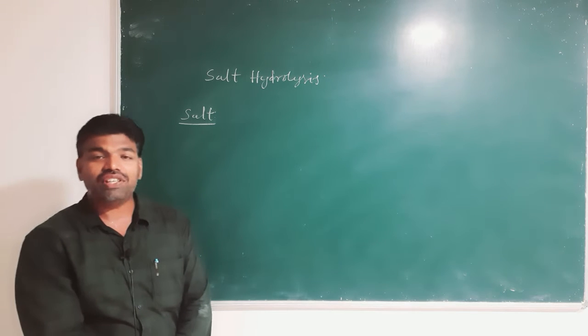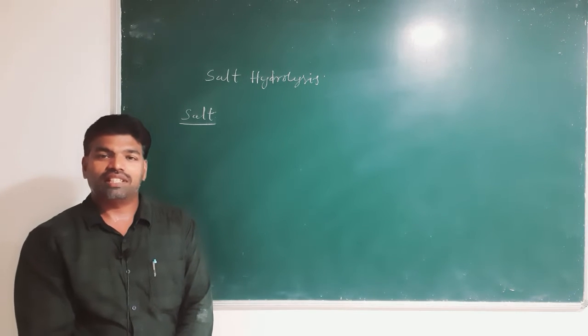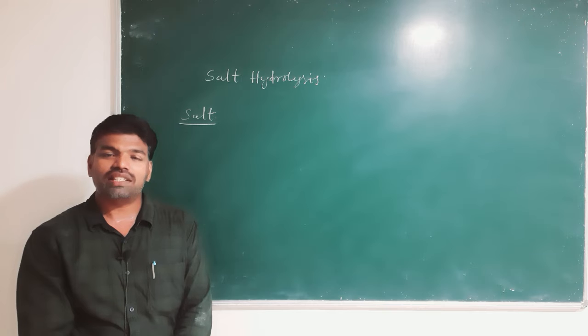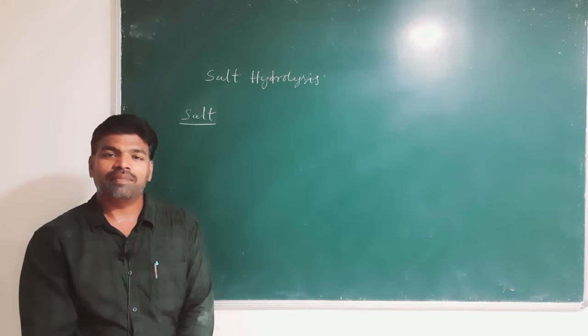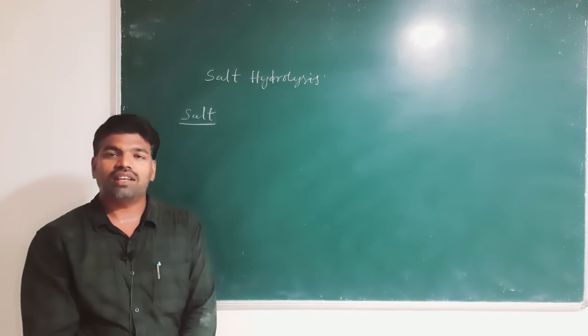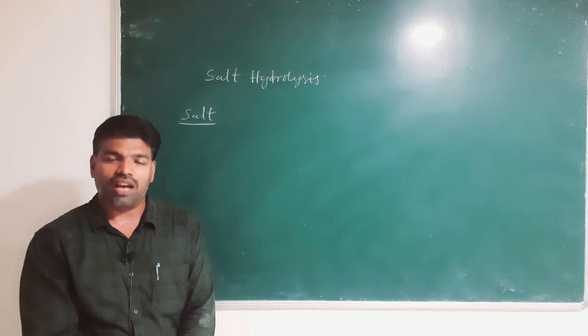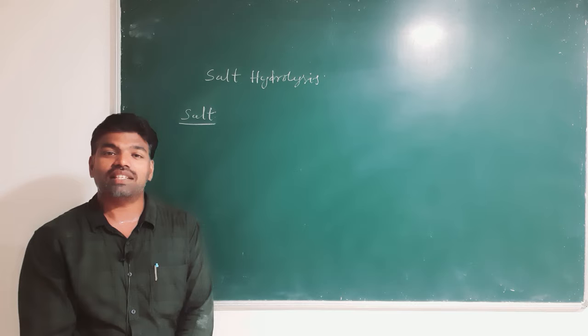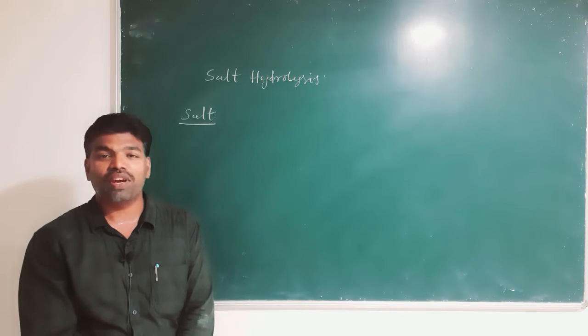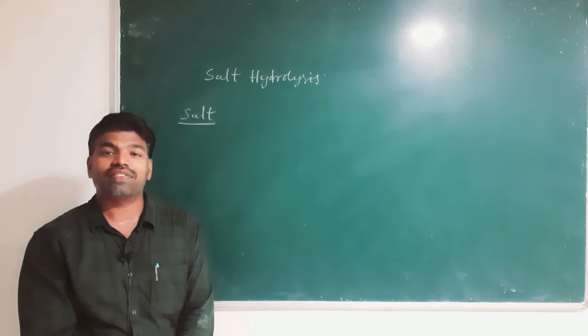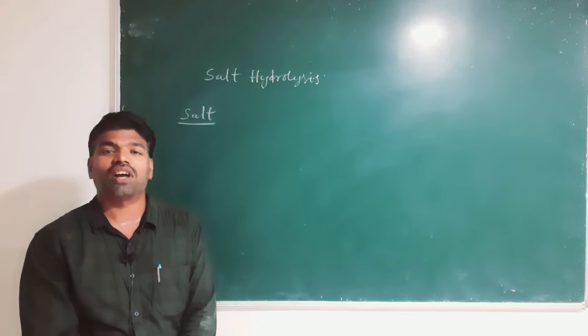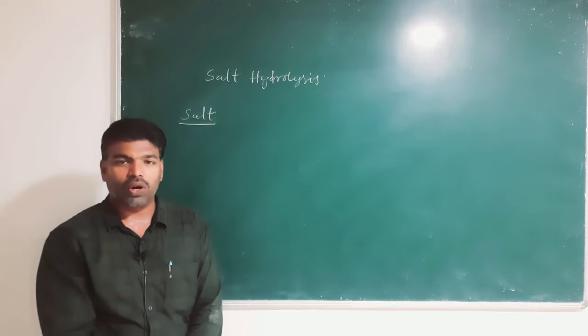By the definition of salt, a substance which does not release either H plus ions or OH minus ions in its first ionization is called a salt. I repeat, a substance which does not release either H plus ions or OH minus ions in its first ionization is called a salt.